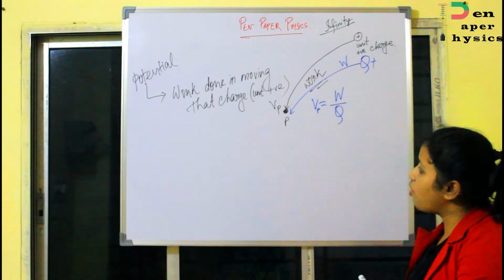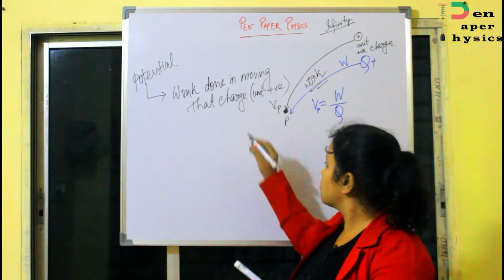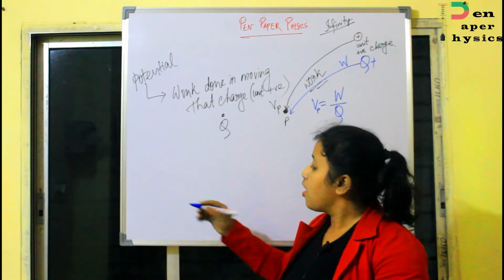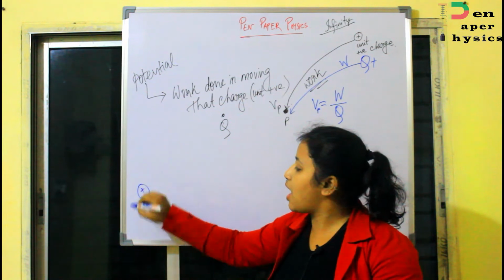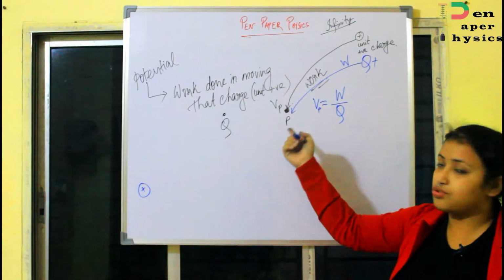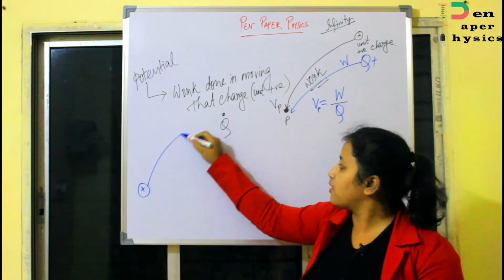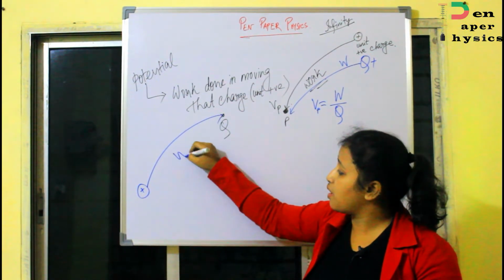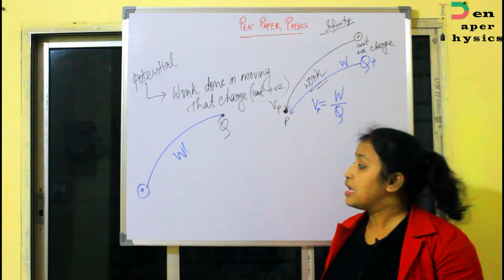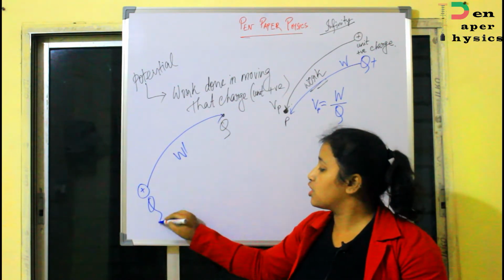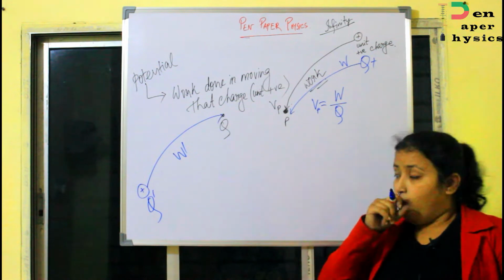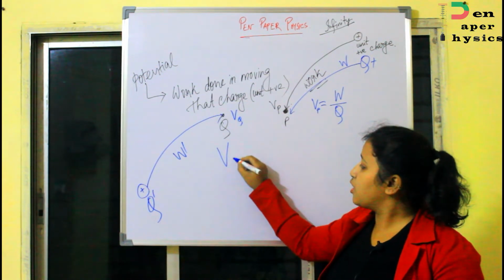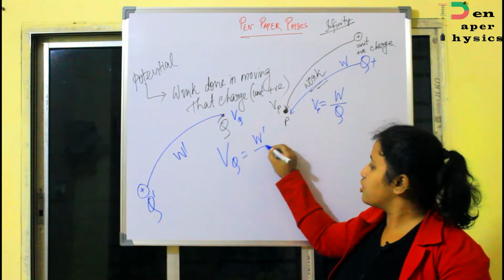Okay. Now, if I have another point Q, again I am bringing a unit positive charge from infinity to that point. Whatever work, suppose here I am doing w dash work and this charge is q dash. So potential Vq will be w dash by q dash.